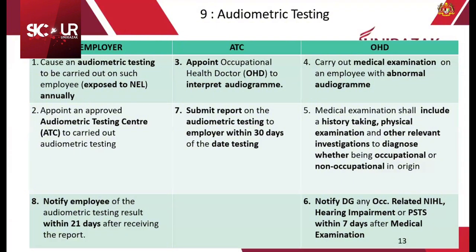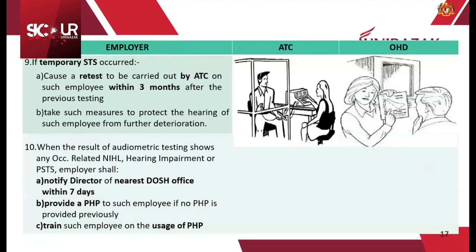ATC akan hantar report audiometrik dalam tempoh 30 hari kepada employer, dan employer akan notify employee of the audiometric testing result within 21 days after receiving the report. So by right sepatutnya report OHD akan sampai awal lagi kepada DG berbanding dengan kepada pekerja lah.